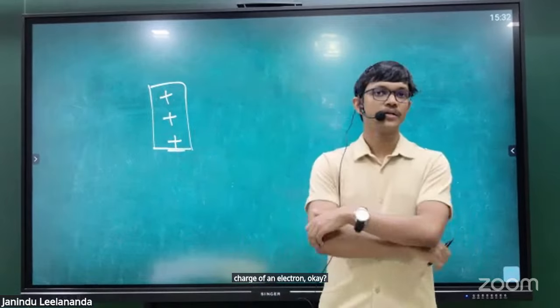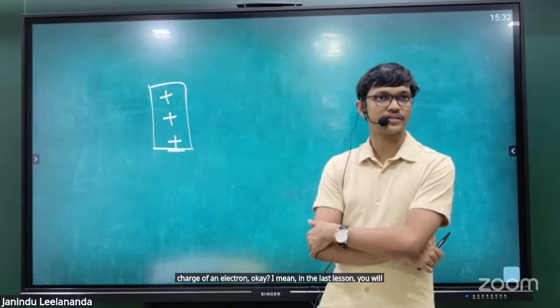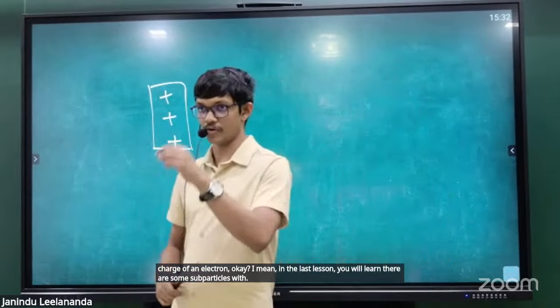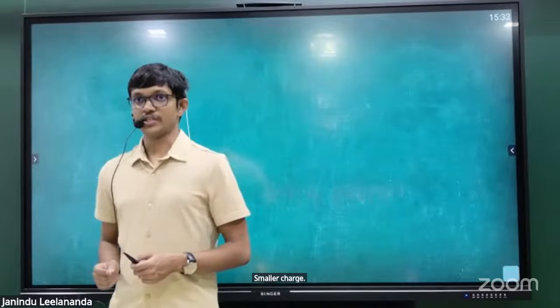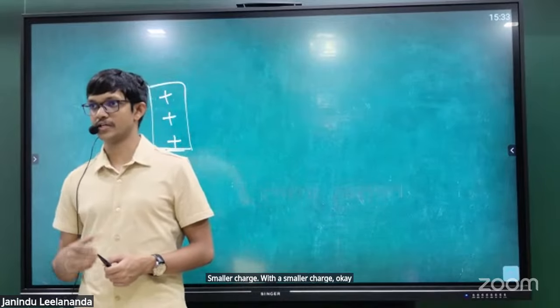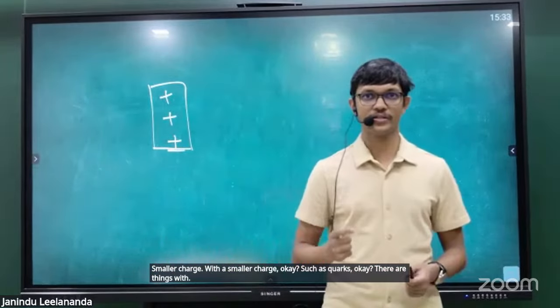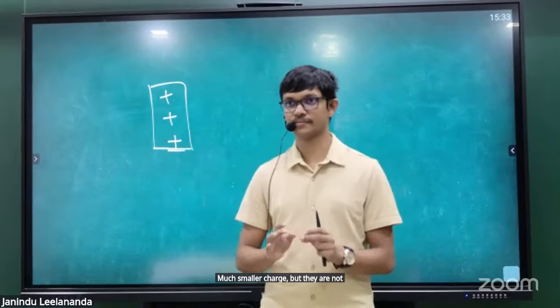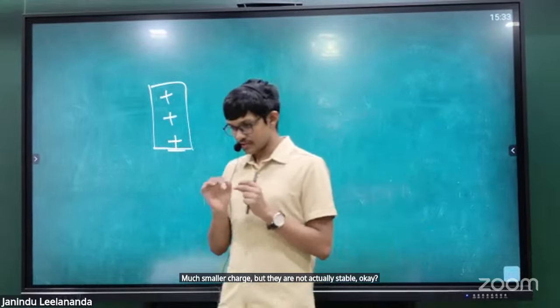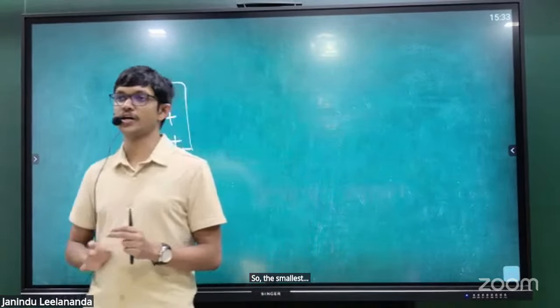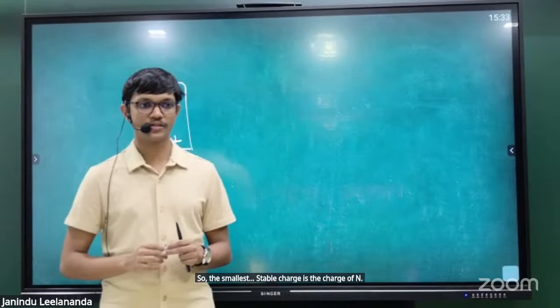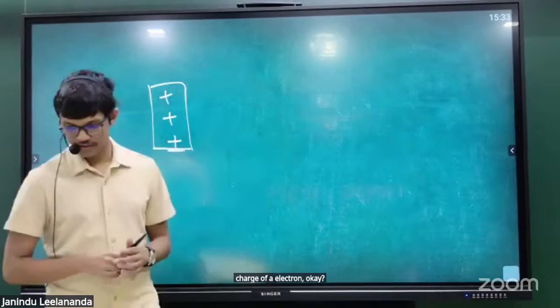In the last lesson, you will learn there are some subparticles with a smaller charge, such as quarks. There are things with much smaller charge, but they are not actually stable. So the smallest stable charge is the charge of an electron.